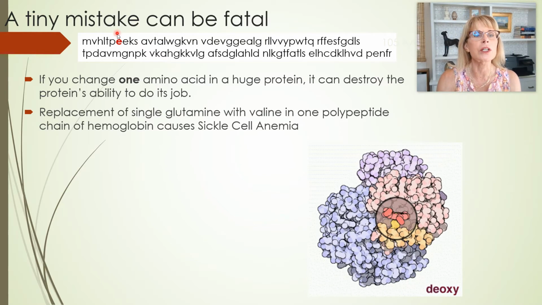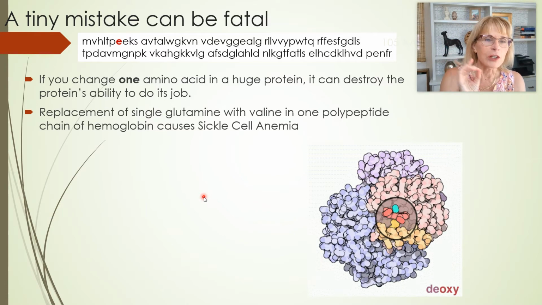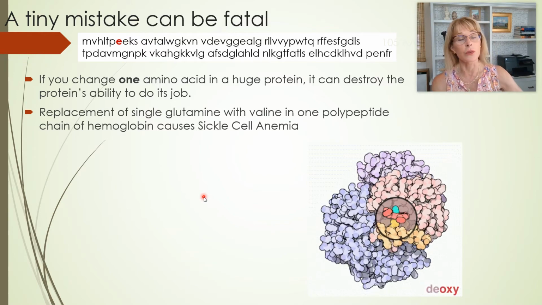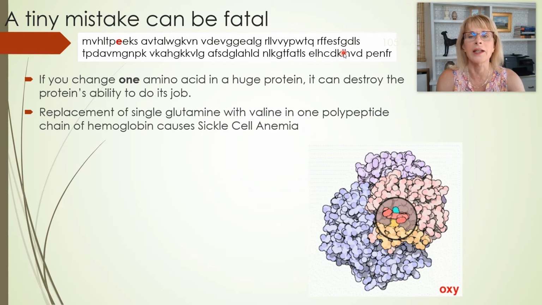And if you make a mistake right there, if instead of having that glutamine, you switch it to a valine, then you get sickle cell anemia, which without modern medicine is generally fatal, okay? So changing one amino acid out of 110 can be a fatal mistake.